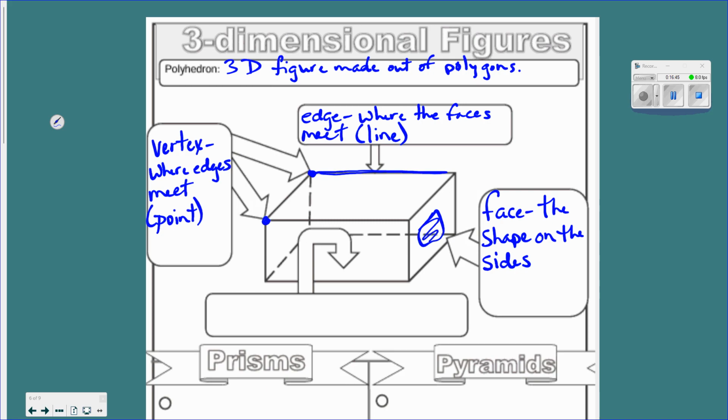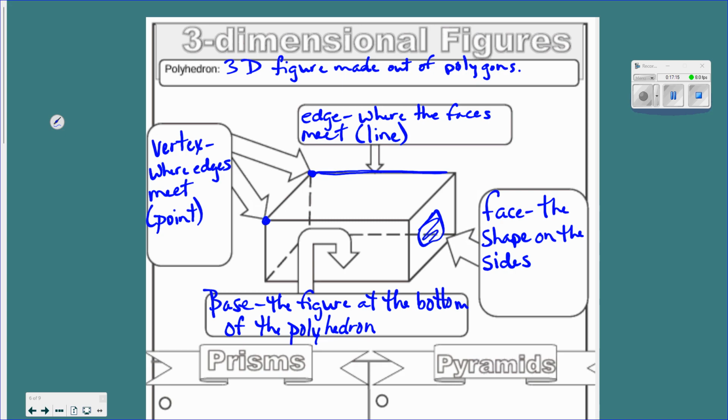It is the figure at the bottom of the polyhedron. Okay, so a lot of terminology there.